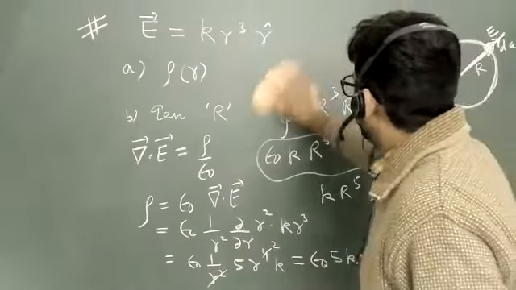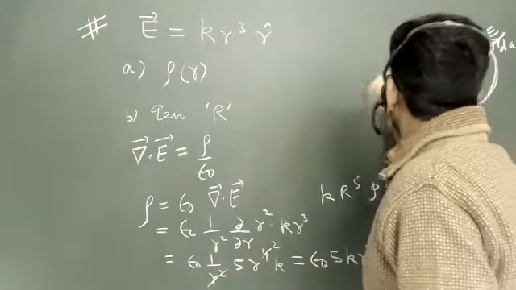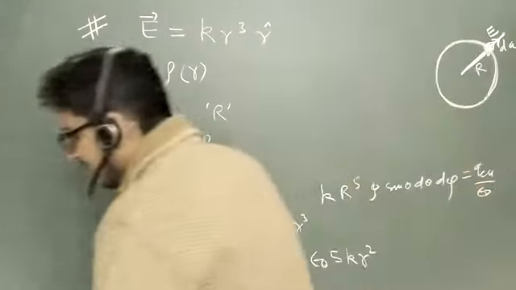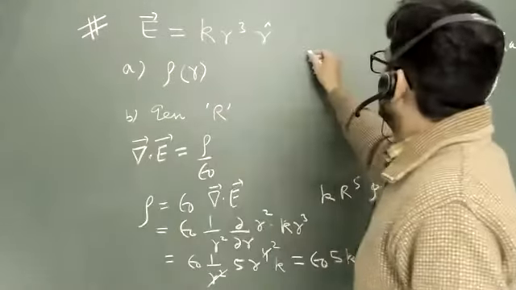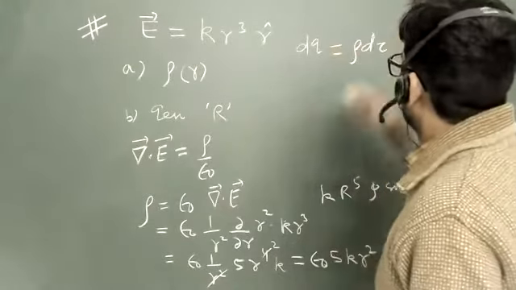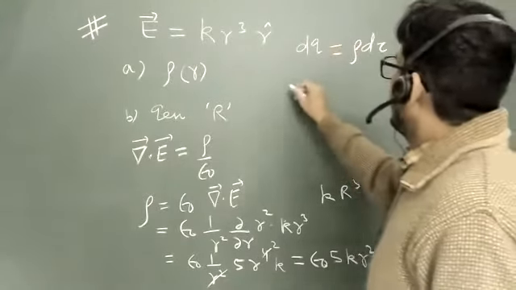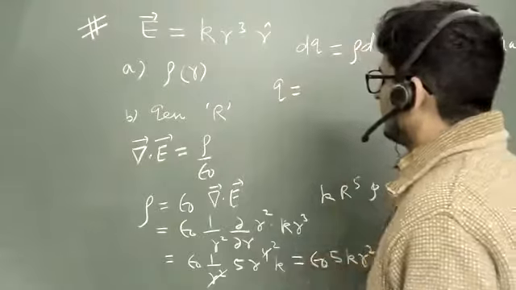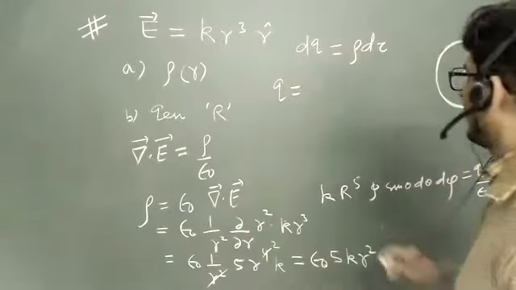Now one more thing. Charge enclosed is such a simple thing to calculate. dq is rho d tau, right? So if I want to calculate the charge enclosed, I should just know the profile of this.